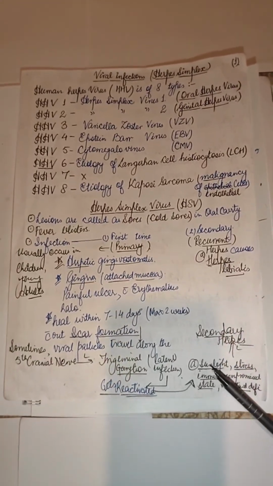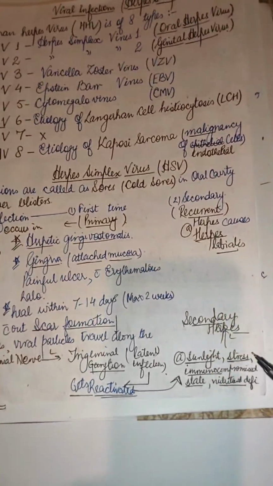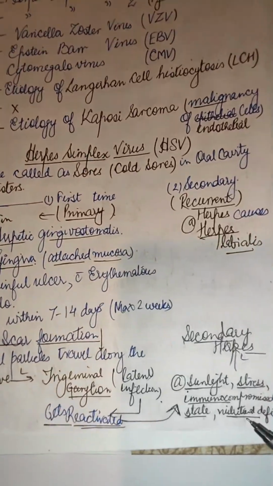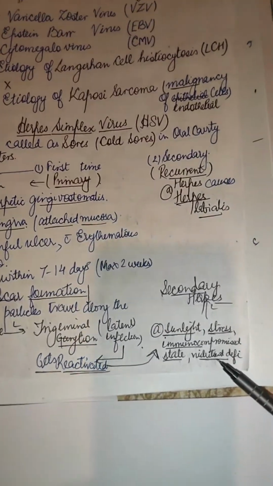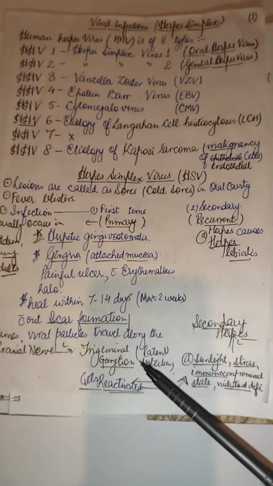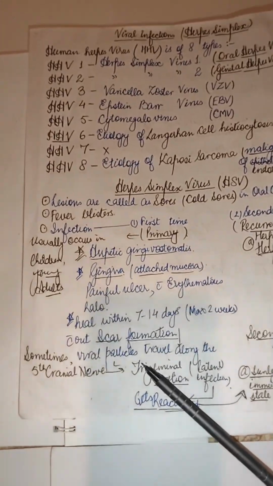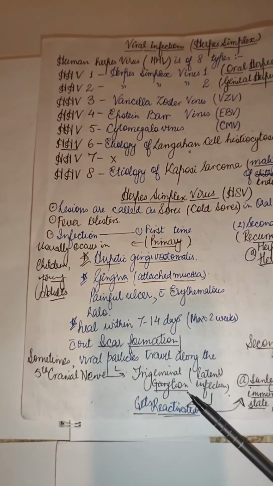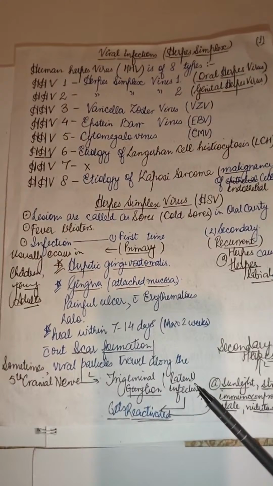The herpes simplex virus can get reactivated by sunlight, by stress, in immunocompromised states, or in nutritional deficiency. In such cases, the virus particles again travel along the fifth cranial nerve, reach the trigeminal ganglion, and the infection remains in the latent form.